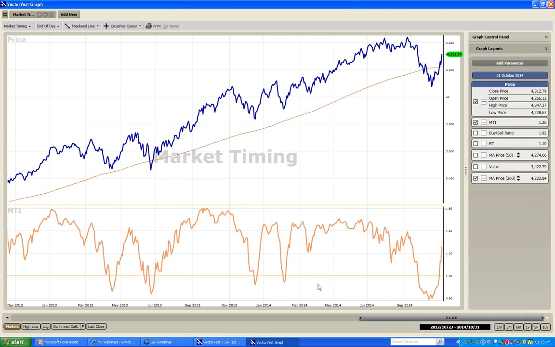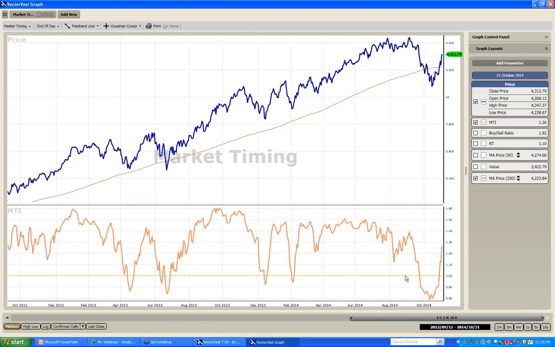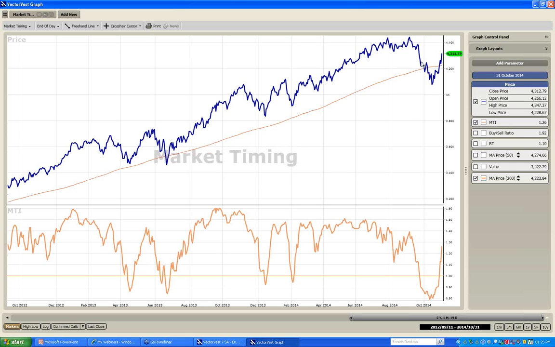Now, folks, when the MTI gets down below 1, it's saying that the South African market has moved into a downturn. And when the MTI comes up through 1, it's saying that the underlying trend has turned to up.